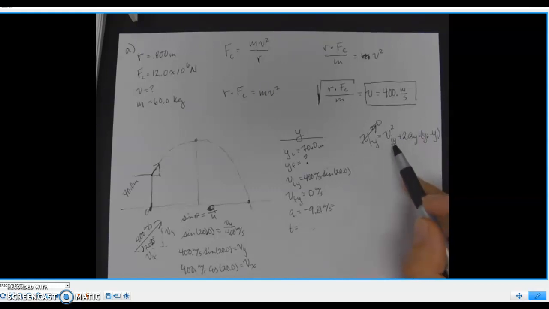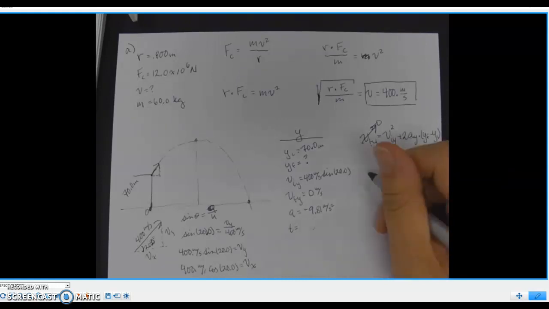I'm going to go exactly the opposite. I'm going to subtract this first, then I'll divide items out, and then I'll get into the parentheses. So I'll start there. I'm going to subtract velocity initial in the y squared.